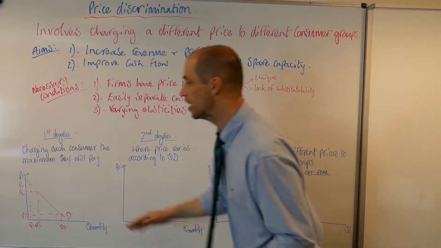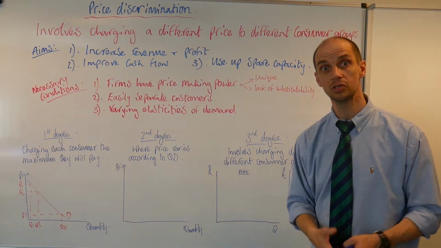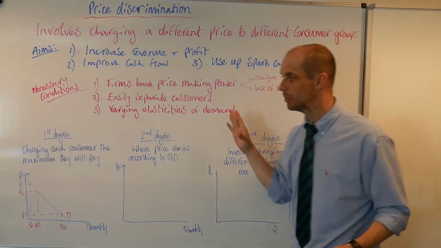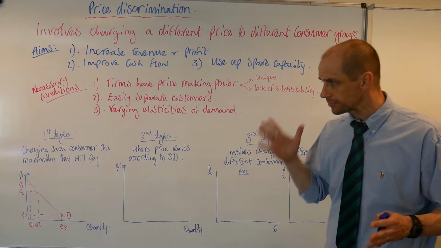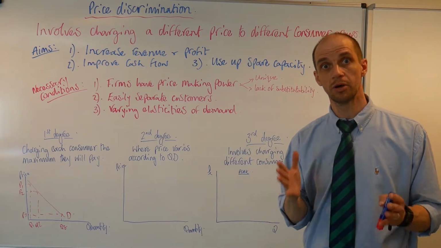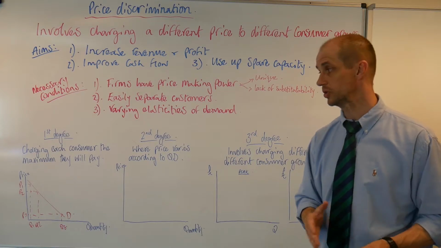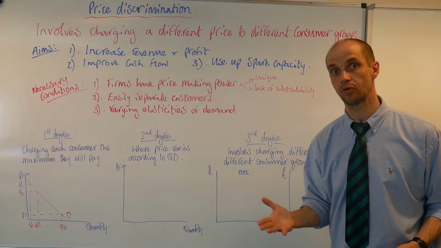That may enable them to develop more information to utilize almost a type of first degree price discrimination. But it is seldom used because we don't often have perfect information about exactly how much consumers would pay for a given product.